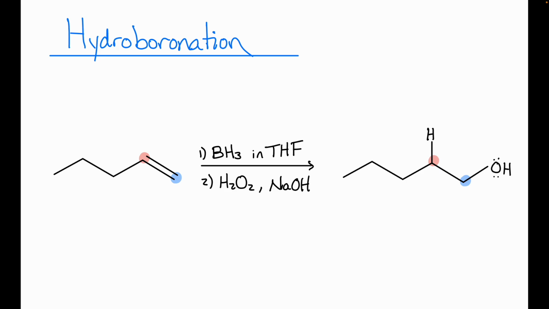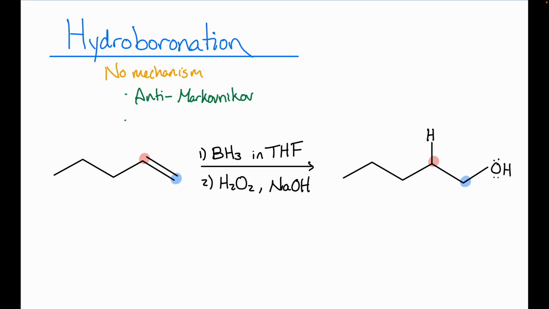Again, we have no mechanism for this reaction, but we're going to note that it's anti-Markovnikov. Again, we get the hydroxyl group on the less, not the more substituted carbon. And fortunately, we also have no shifts to worry about.